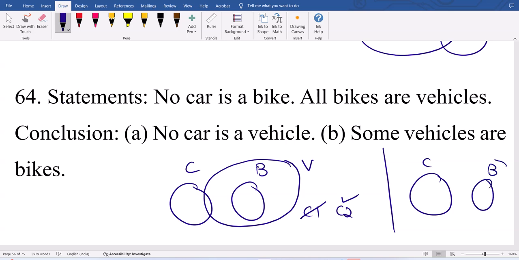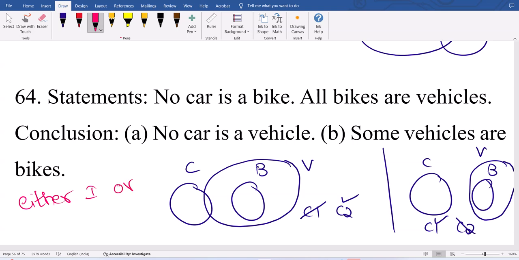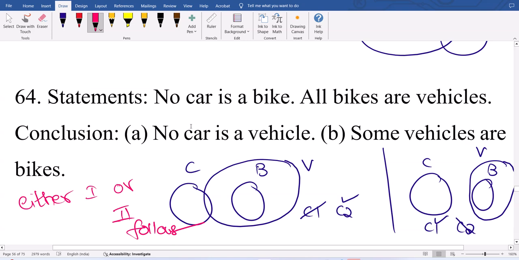All bikes are vehicles. Now the first one is true, the second one is wrong. The answer is either one or two. The beauty is, don't say both wrong, either one or two follows.